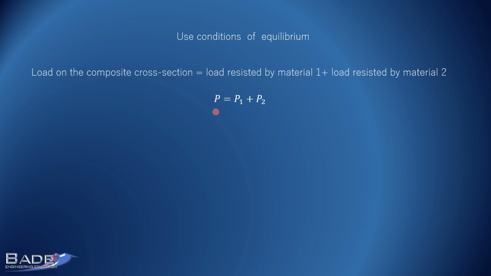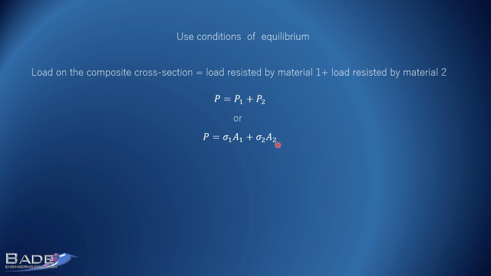That is, the total load on the cross section is the load taken by material 1 plus the load taken by material 2. Now try to understand. From the very first lecture, you have studied that when there is a normal force on a cross section, stress is load upon cross sectional area, or load is stress into area. So we can replace P1 by sigma 1 A1, stress into area, and P2 by sigma 2 A2.